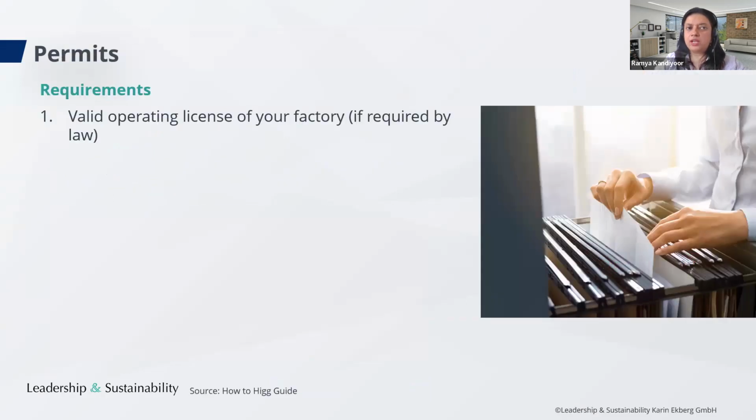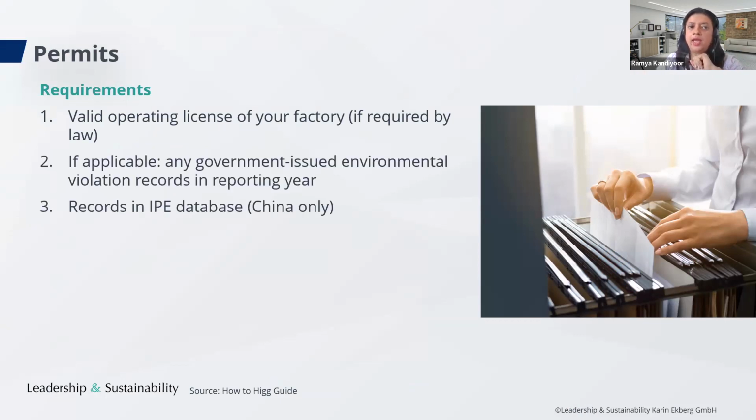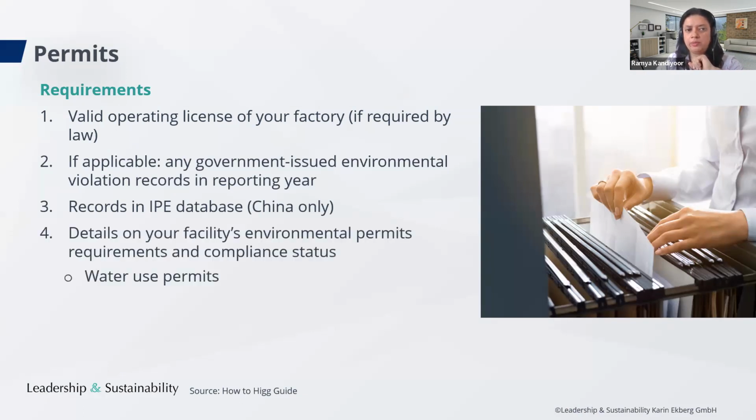And next we come to permits after our facility and info. For your permits, you would require to have a valid operating license for your facility as required by law. And if you have any government-issued environmental violation records for a particular year, you would require to report that. Your IPE database is for China only.